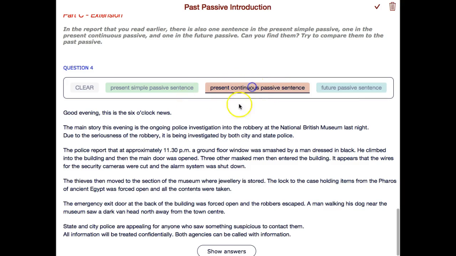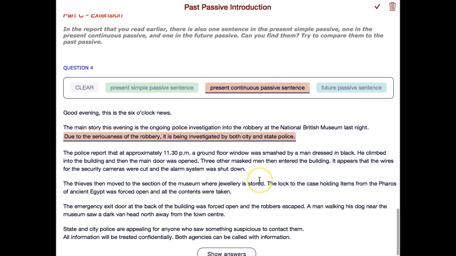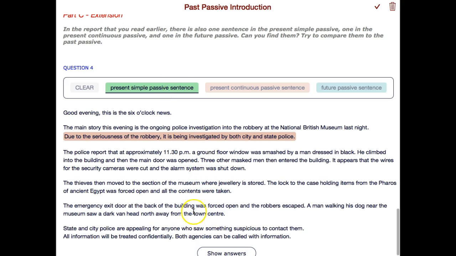Okay? Here's our present continuous passive. It is being investigated by, okay? Again, the robbery is the focus of the sentence, not the police. And the present simple, there we go.